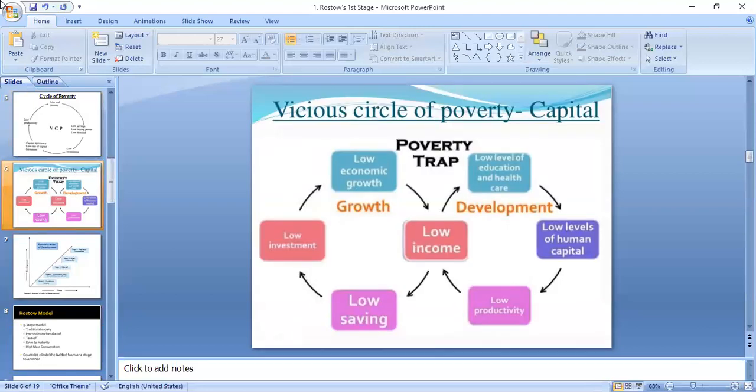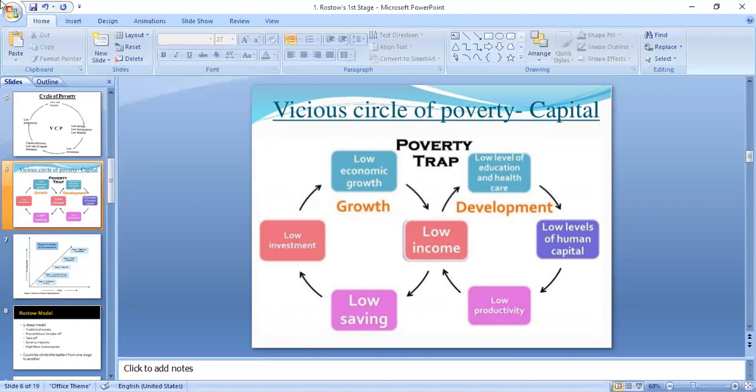What is the vicious cycle of poverty? There will be low productivity that leads to low investments, and that leads to low real incomes, low savings, and this process goes on like a vicious cycle. So it seals the growth and development. That is the main problem with the poverty trap.